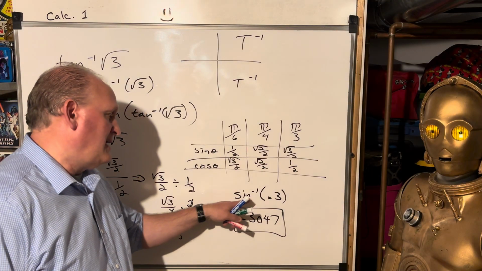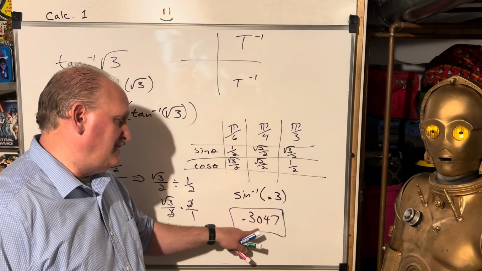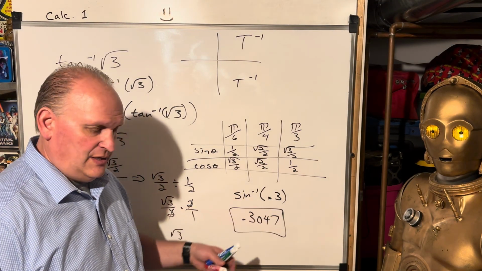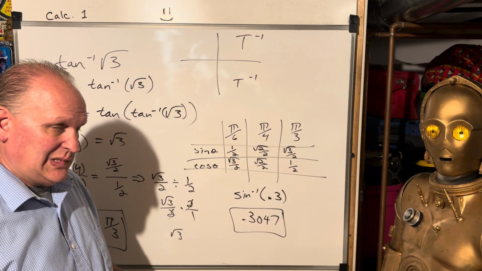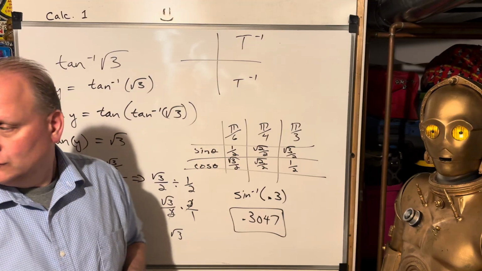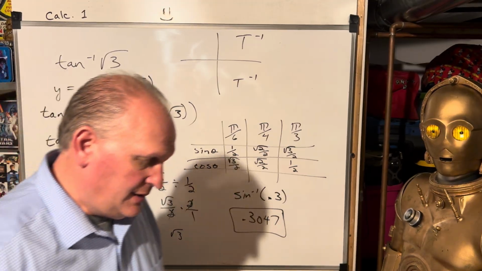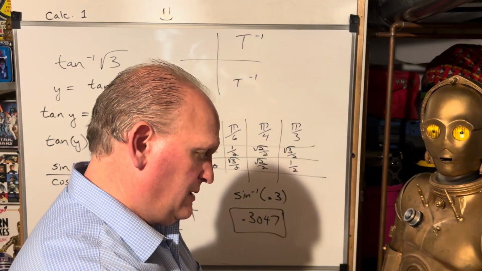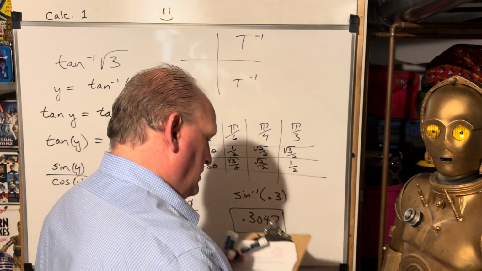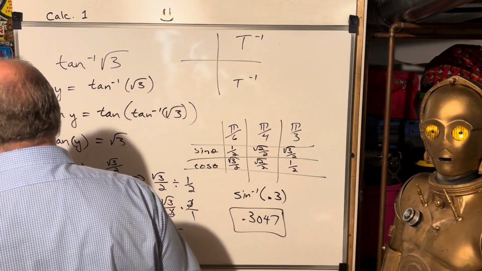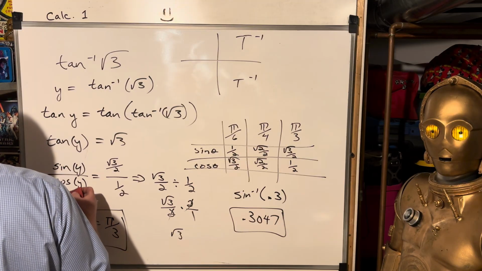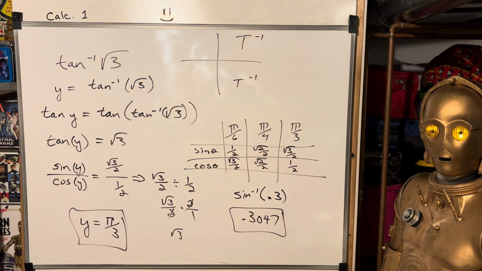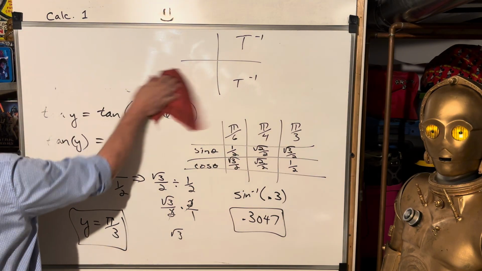If you just type that into your calculator and it didn't kick out 0.3047, make sure you are in radians. All right, and now let's take a look at the next one. The tangent of the arctangent. So that's way easier than this one was.